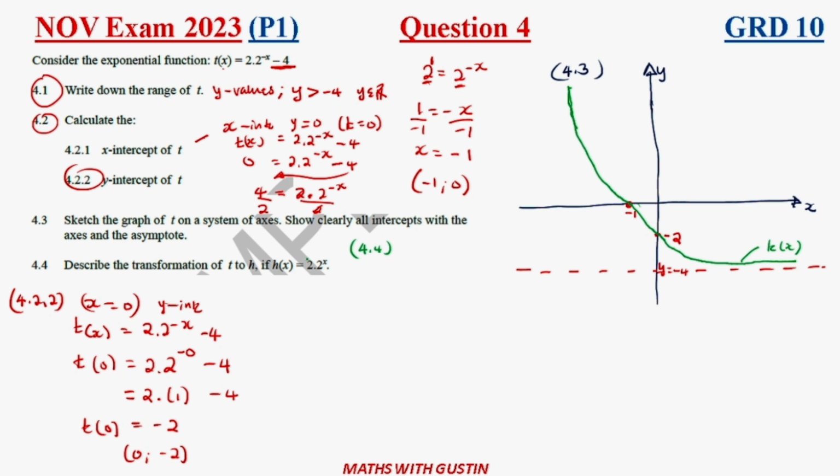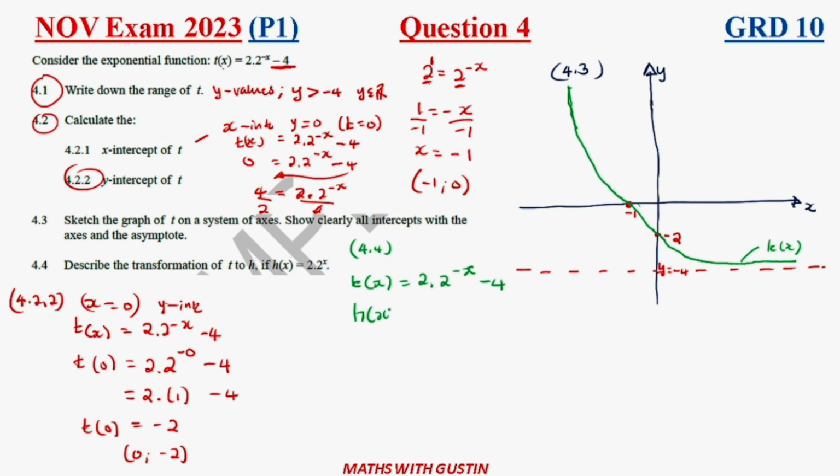Question 4.4 says, describe the transformation of t to h. So what is h? Initially this graph was like this. This is t, 2 to the power of -x minus 4. And now they are saying all of a sudden this graph became like that.